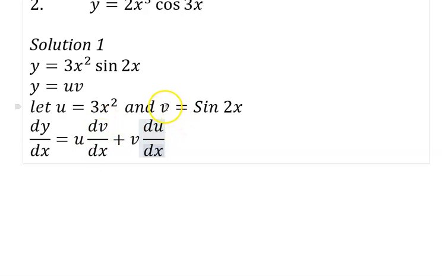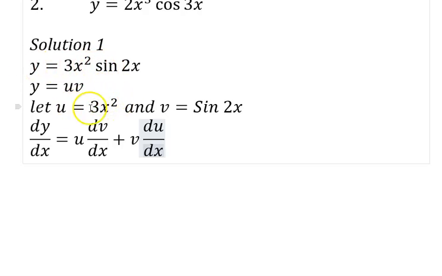That means we can only get dv/dx from here, v and x. In this formula we have du/dx. That means we can only get this du/dx from here, u and x. It is as simple as that. So you have to be very careful. But we can only get our dy/dx using this one.